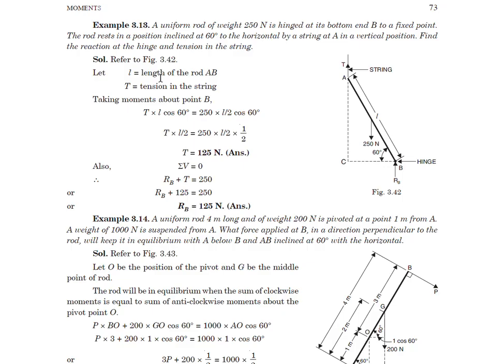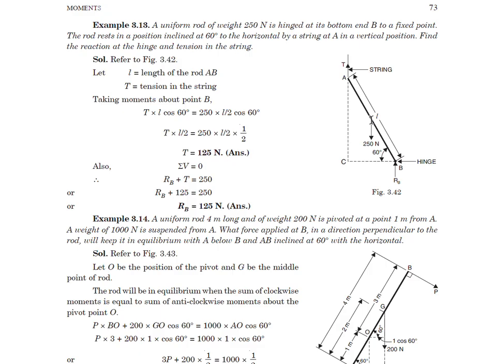Now the length of this rod AB, assume that L is the length of this rod and T is the tension in the string. Now taking moments about point B, you can take T into this distance which is L cos 60, this horizontal distance, and that is equal to 250 into L by 2, because this weight is at the midpoint.